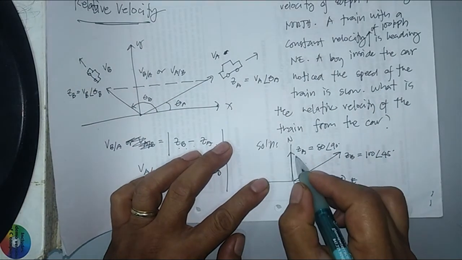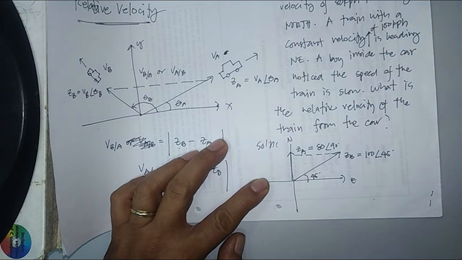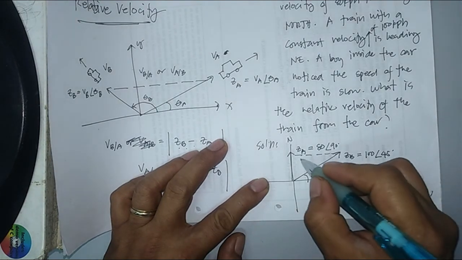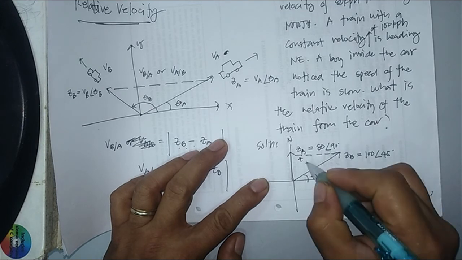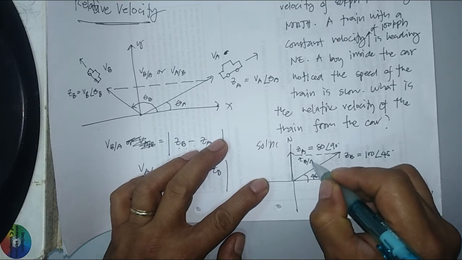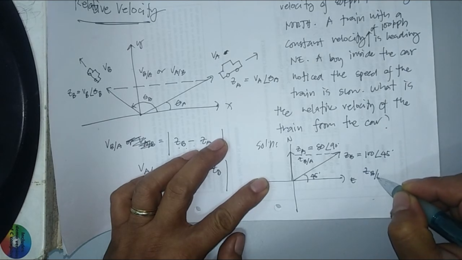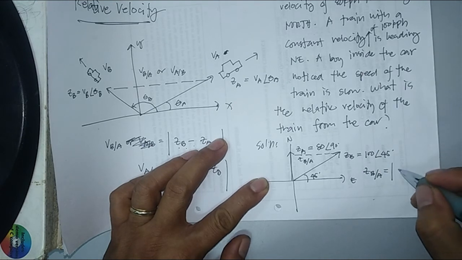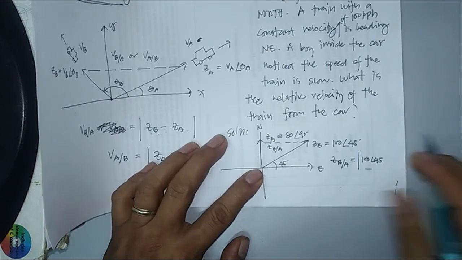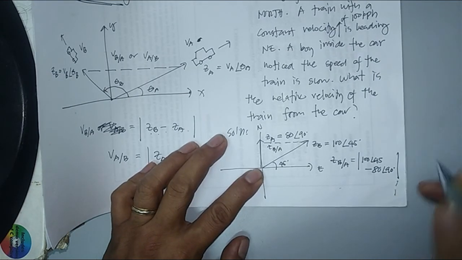Now we are looking for the relative velocity of the train, that is ZB, from your car, denoted by ZBA, which equals the absolute value of 100 angle of 45 minus 80 angle of 90 degrees.